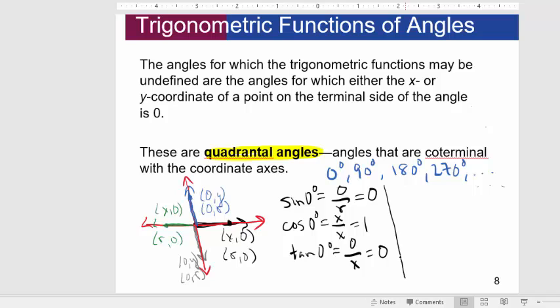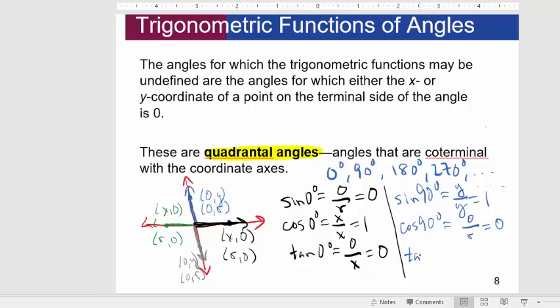But then when we get to 90 degrees, we have the sine of 90. It's going to be y over r, but y and r are the same here, so it's y over y, which is 1. The cosine of 90 is going to be x over r, but x is 0, so it's 0 over r, which is 0.